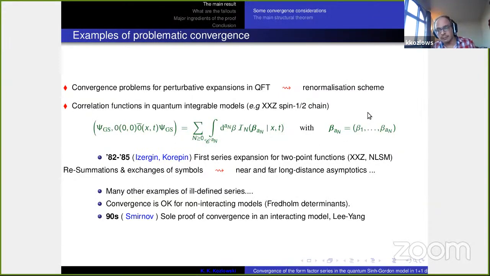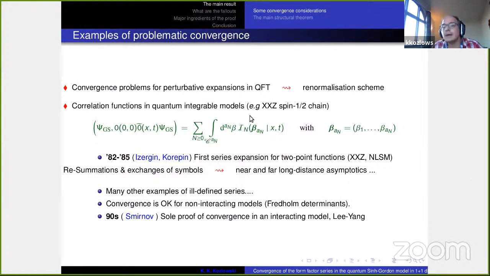One case I can single out is that convergence is actually okay if one considers the simplest quantum integrable model, which is a free theory. In this case, correlation functions are expressed in terms of Fredholm determinants. So it's again a series of multiple integrals, but you have techniques to show how this series converges.